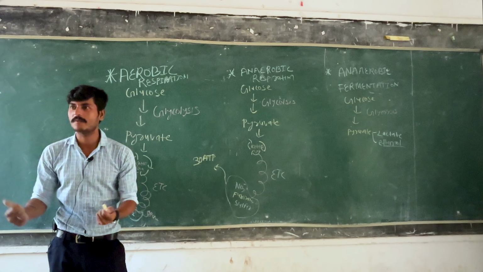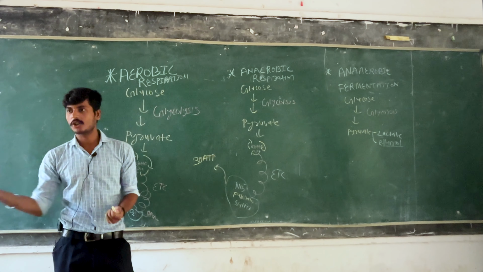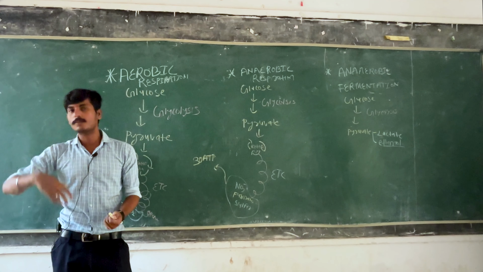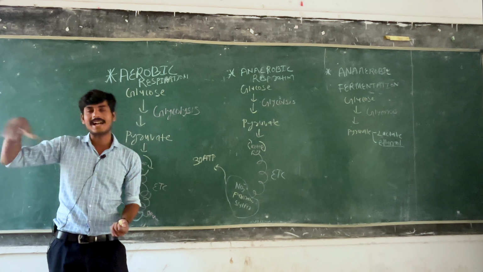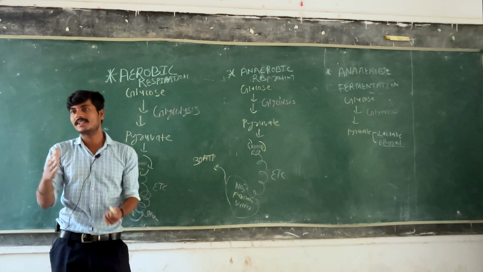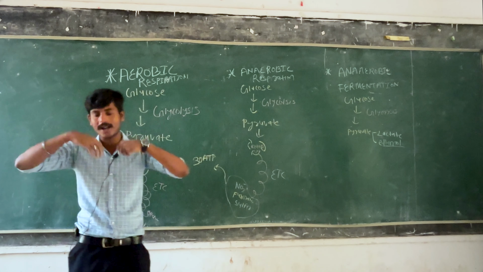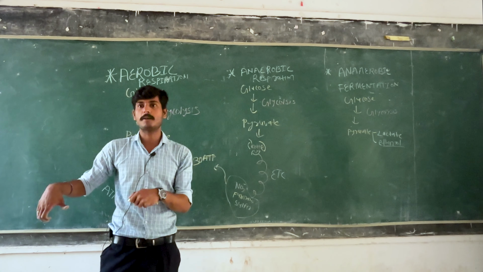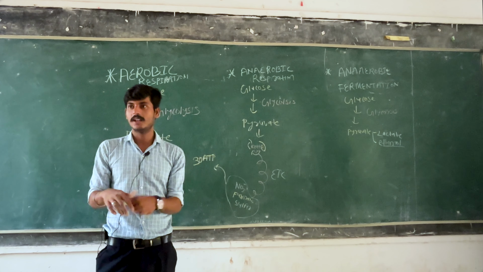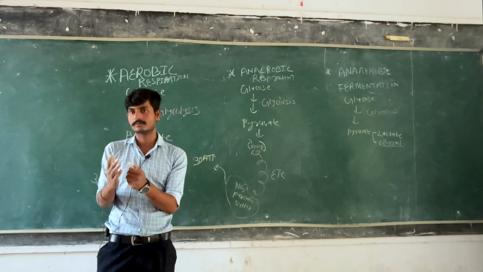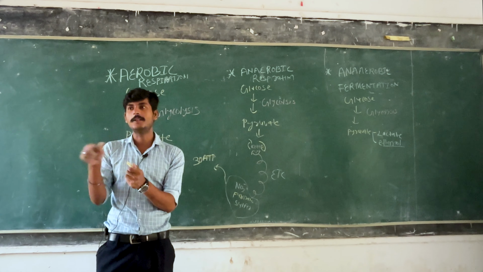There is a mixture of gases, but your body is specialized in segregating the other gases, and the only gas which you are utilizing for your metabolic purpose is oxygen. So how much oxygen is there? 21%.